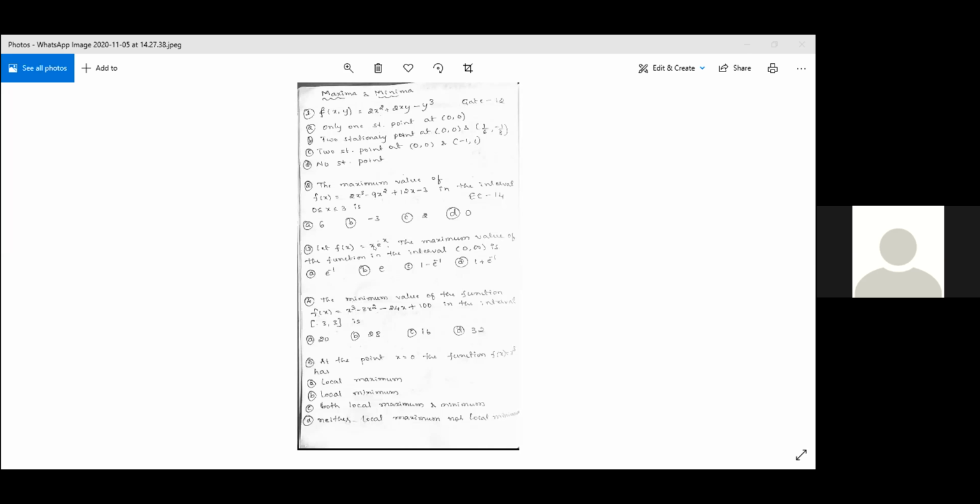If it is more than 2, you don't know any test to find maxima or minima. You know methods only up to functions of 2 variables. After that, we don't know an exact method, so you can use other methods, like plotting the graph.